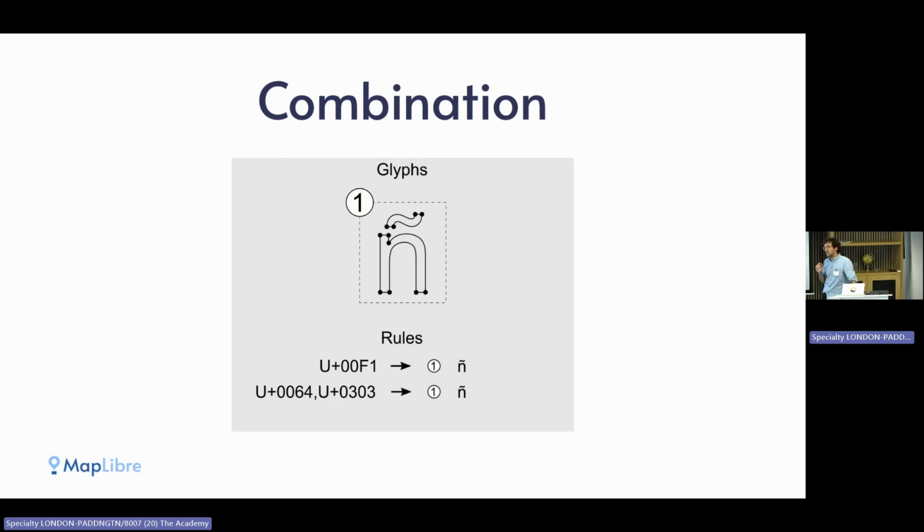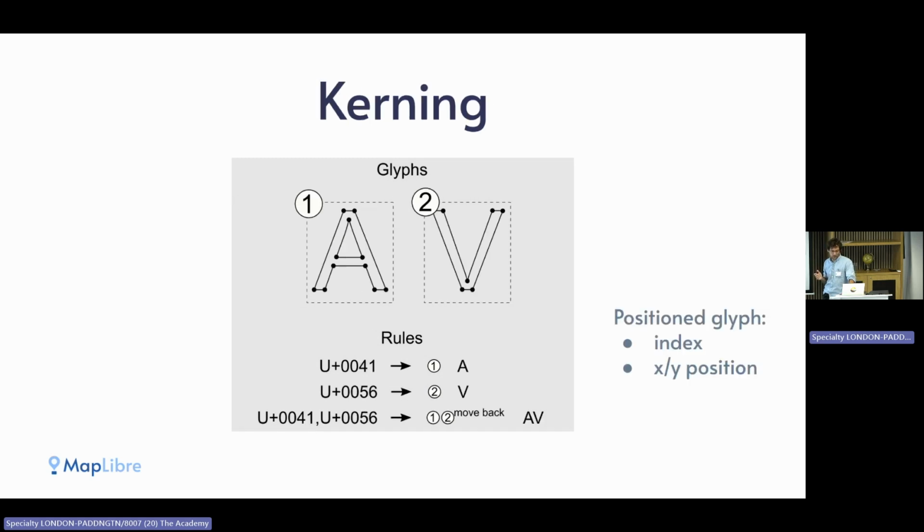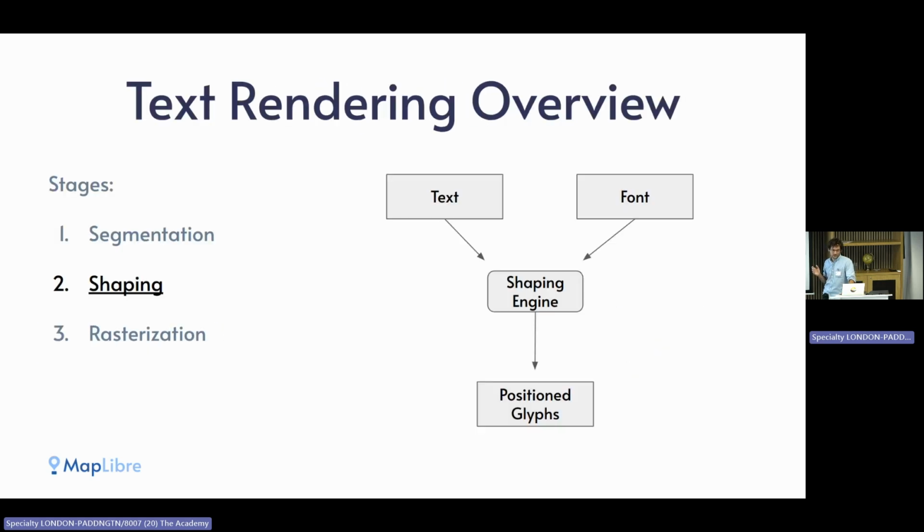So you can in principle do this server-side shaping, but then in the text that you put in the vector tile, you have to use the code points from your private use area. You don't use the regular code points, but the ones that you generate. If we go back to this slide, if you want to render Devanagari, then you have to go through a shaping engine, so you have to do it somewhere.